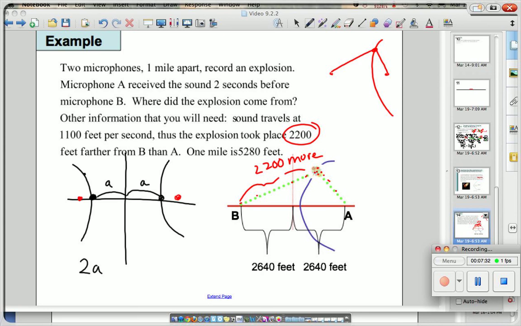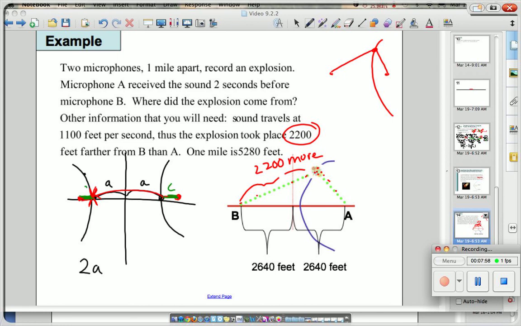The difference between the two distances would be 2a, because this distance is constant, and the extra distance that this focus would have to travel to get to this point would be an extra 2a. I'll put that in green. This distance would stay constant, so they're going to be equal in that way, but the 2a would be the difference.